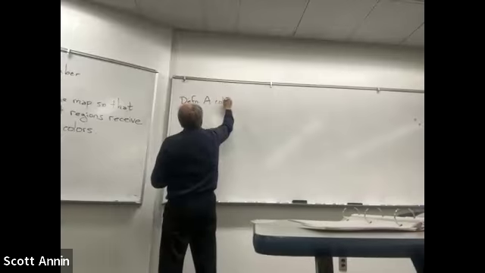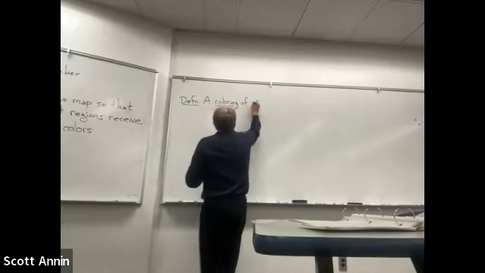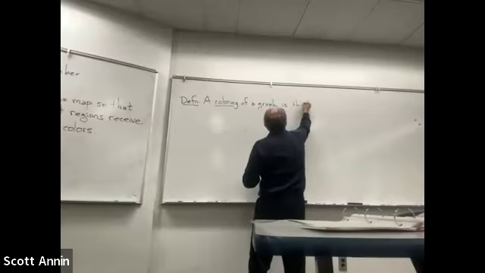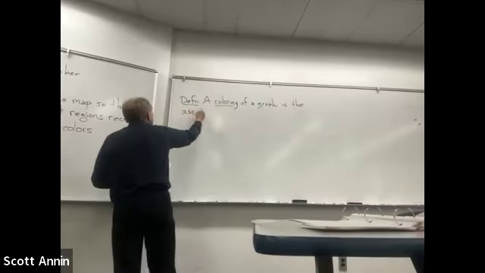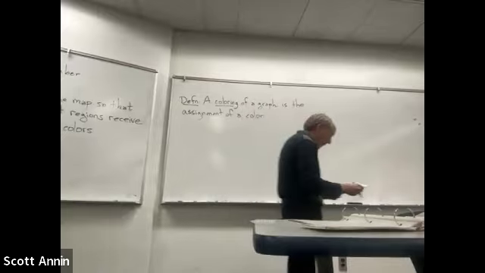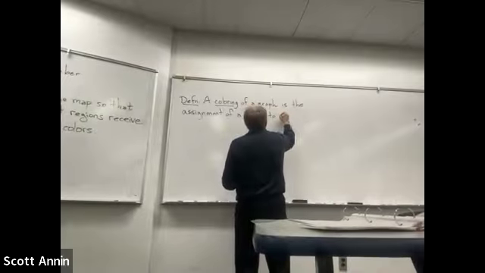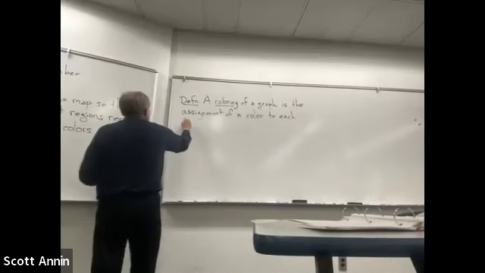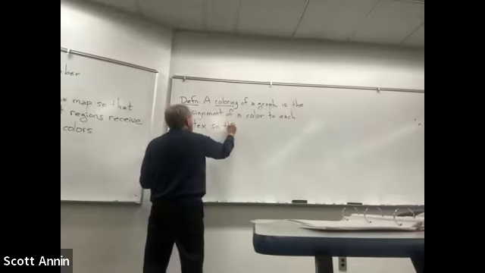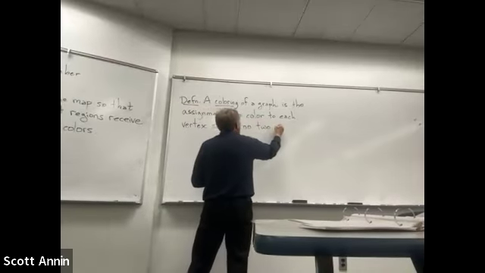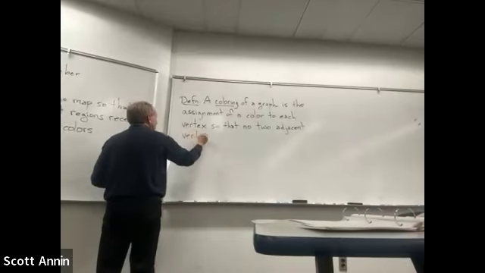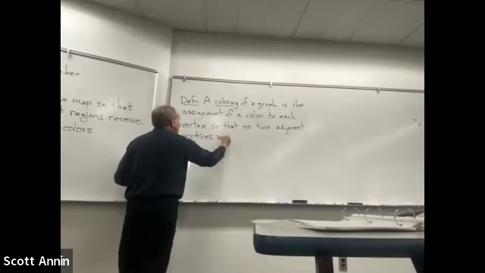So a coloring of a graph is the assignment of a color to each vertex so that no two adjacent vertices are the same color.